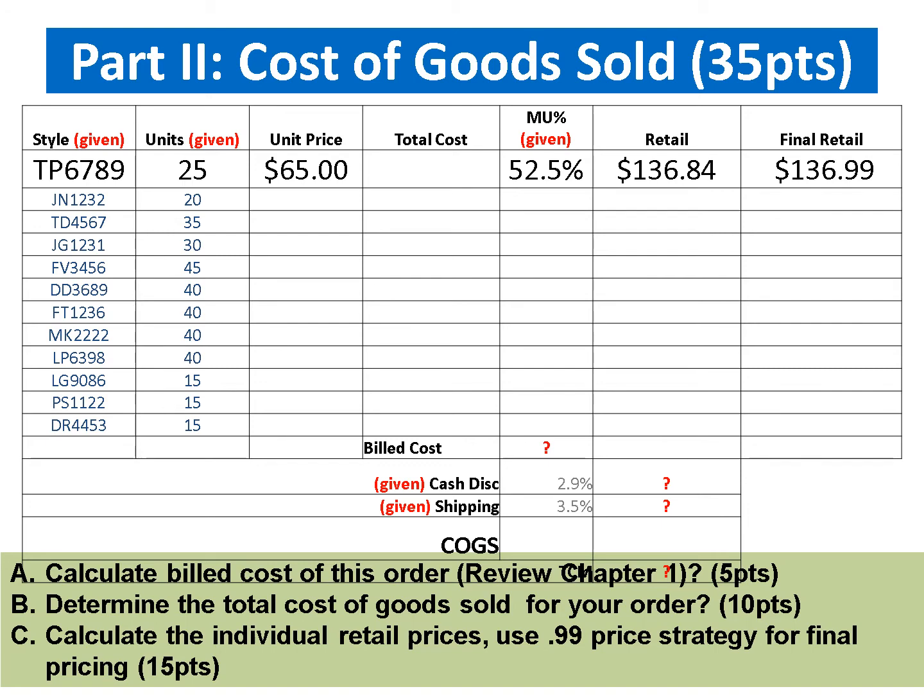So you would simply create a final retail price column, and you would reprice for final sale at $136.99, and you will do that for all of your 10 garments that you purchase from the wholesaler.